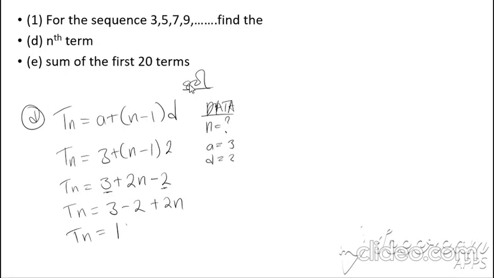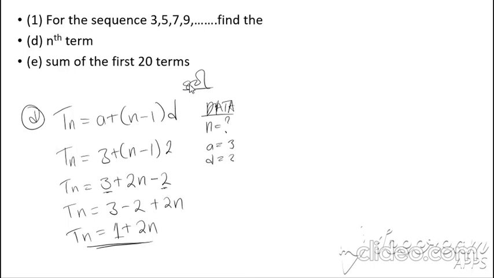That's 1 plus 2n. So that's your final answer for the nth term. So your final answer should contain n in it, because that's the nth term. You are not given the value for n. So that's how you do it. That's how you solve for the nth term.